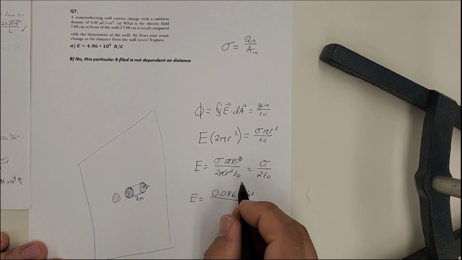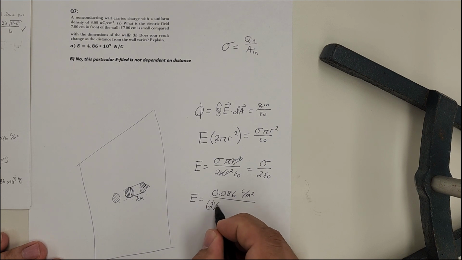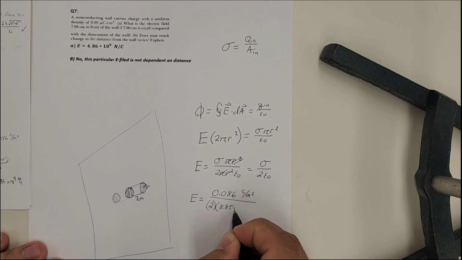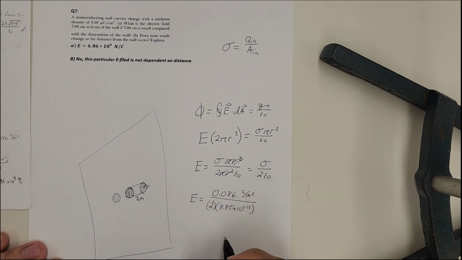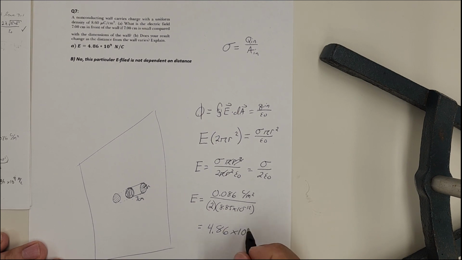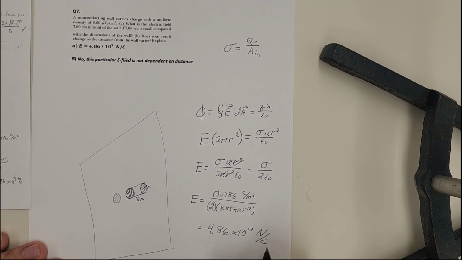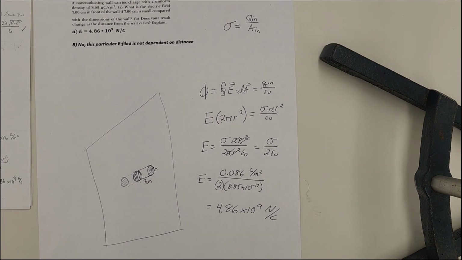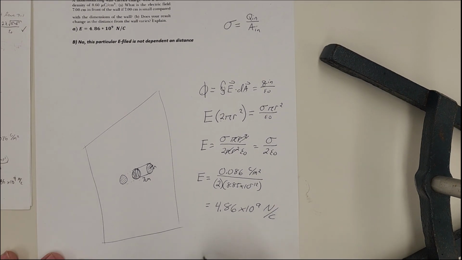That will get divided by 2 times 8.85 times 10 to the negative 12th, epsilon naught. If that's correct, that's how we should get around 4.86 times 10 to the 9th newtons per coulomb. It's an electric field. So there we've got our electric field. That's part A.